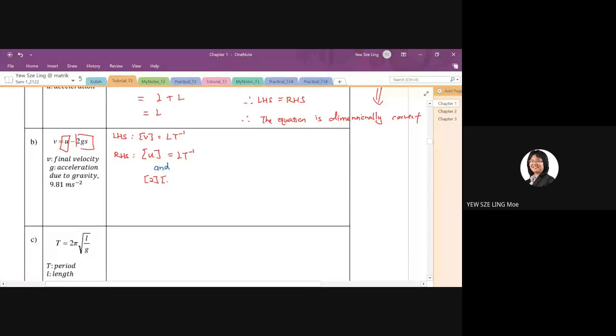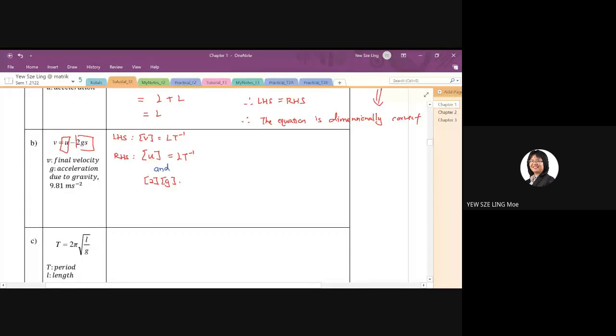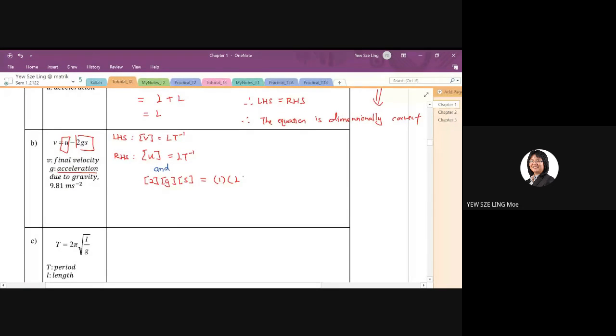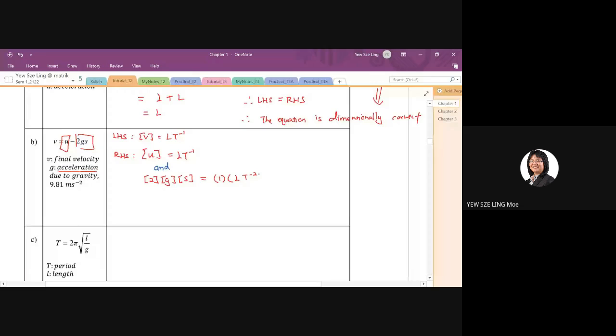So you do it for 2GS. You do it separately, also can, nothing's wrong with it. So which is equal to, now 2, again, the dimension is 1. And then G, now G is also a type of acceleration, therefore the dimension is the same as acceleration, so LT negative 2.